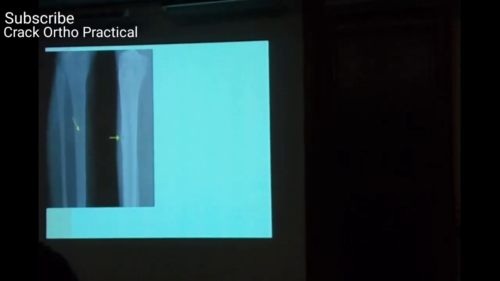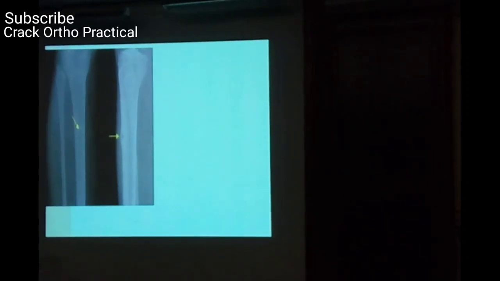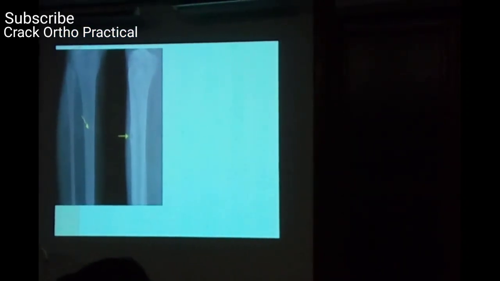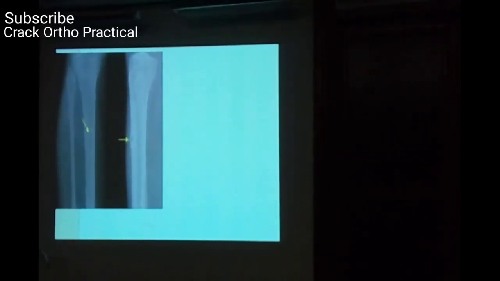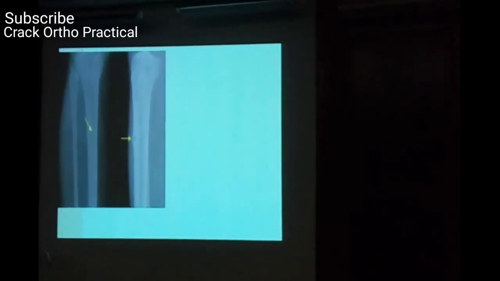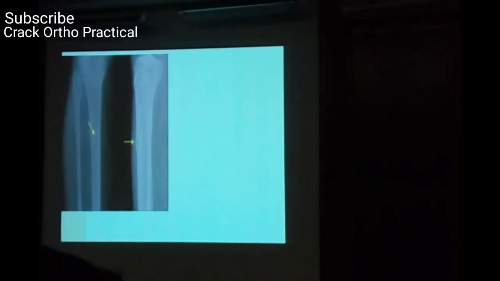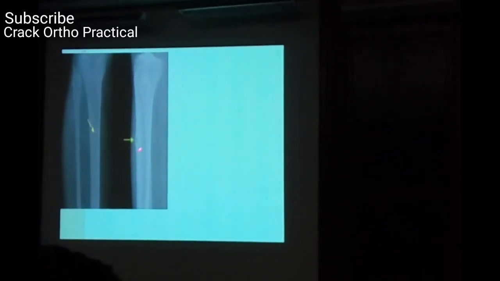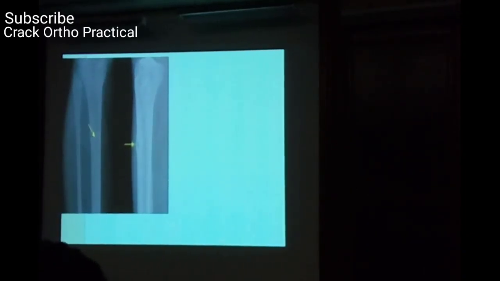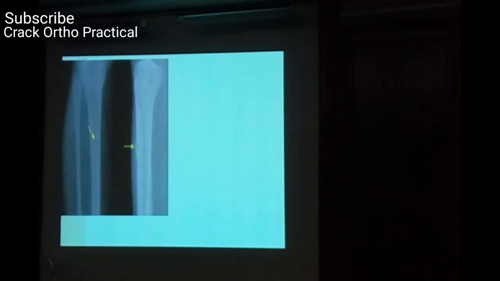So describe. This is a plain X-ray AP view of leg showing tibia and fibula with a lytic lesion in the diaphysis of tibia, with a periosteal reaction. Notice thickening of a cortex, or a periosteal reaction, or both.